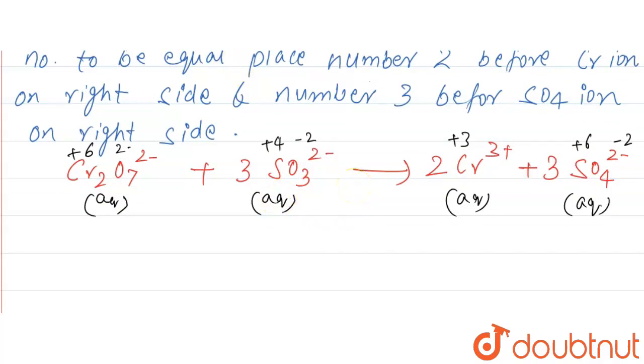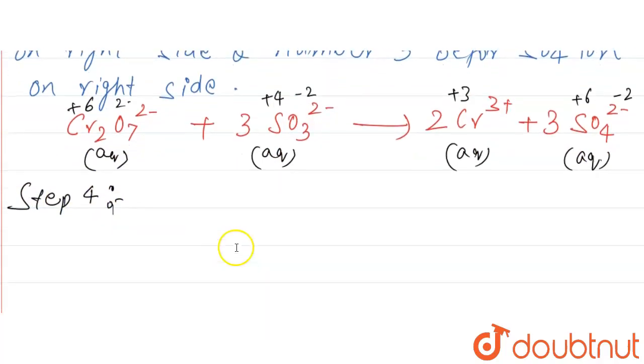Since the medium is acidic, the next step will be step 4. In step 4, we have to balance the hydrogen.